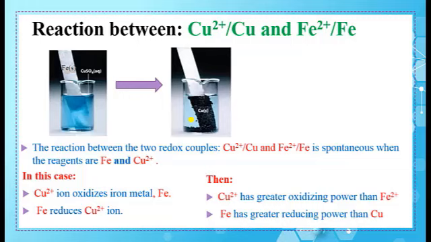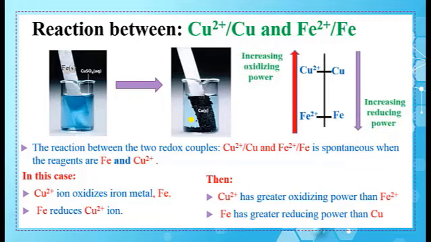If we want to put them on an axis, look here, we said that Cu2+ has a greater oxidizing power than Fe2+. Then we put Cu2+ above Fe2+. And Fe has a greater reducing power than Cu. Look here, the increasing reducing power is downward.